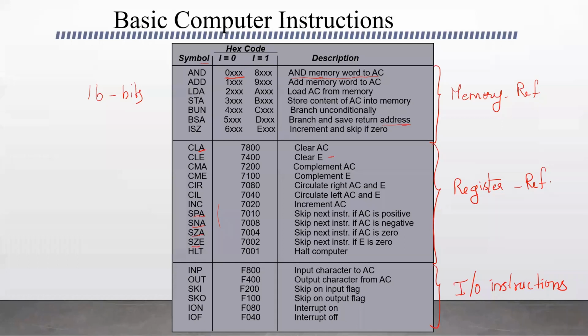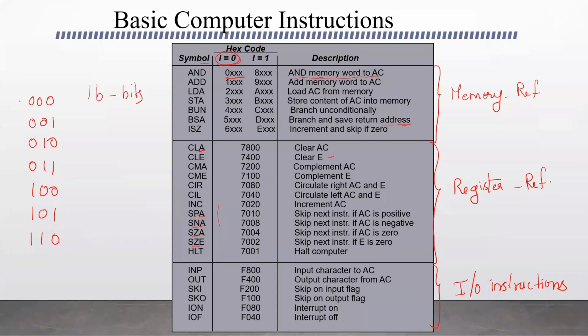As I said, it is a memory reference instruction. The opcode varies from 000, 001, 010, 011, 100, 101, 110. And when this I is 0, the address mode, when it is 0, it means direct address.